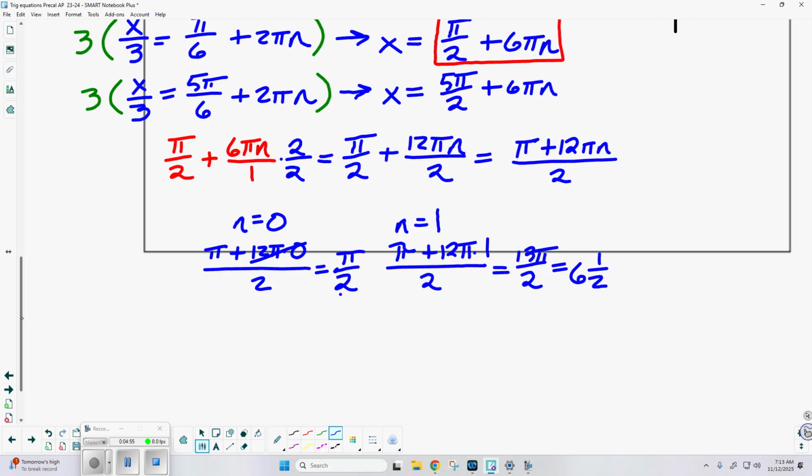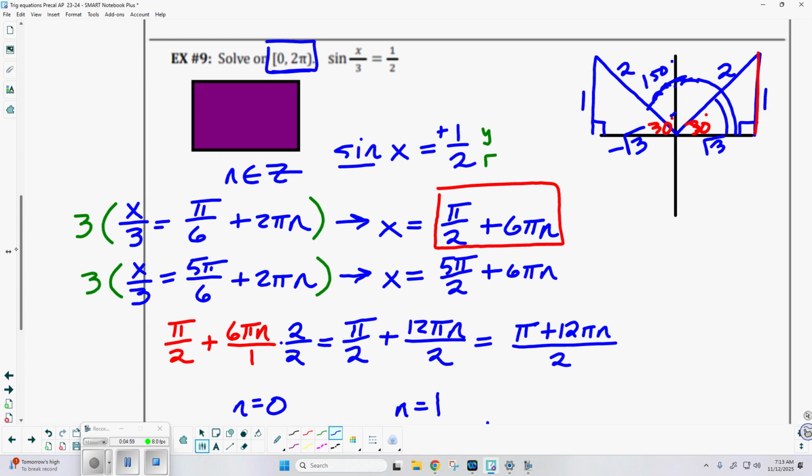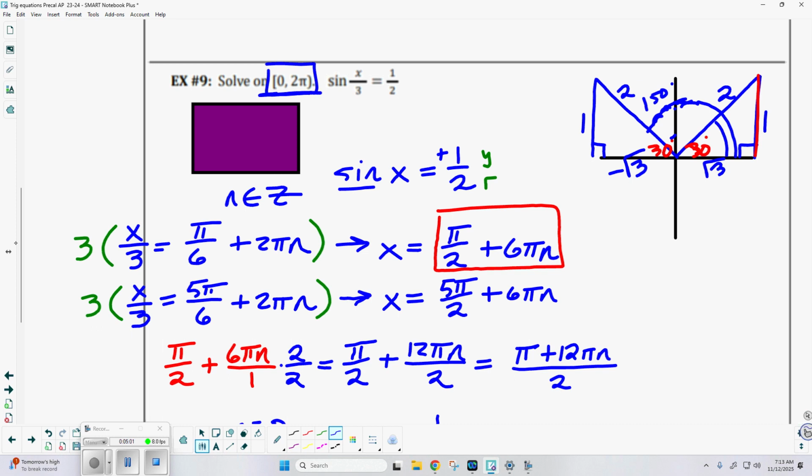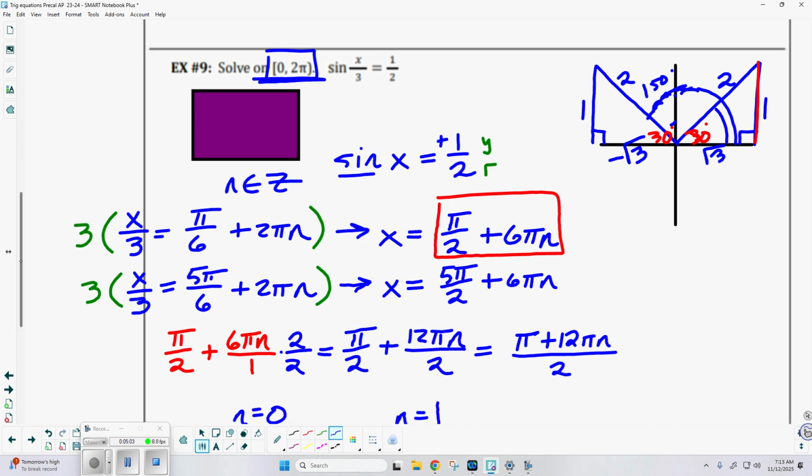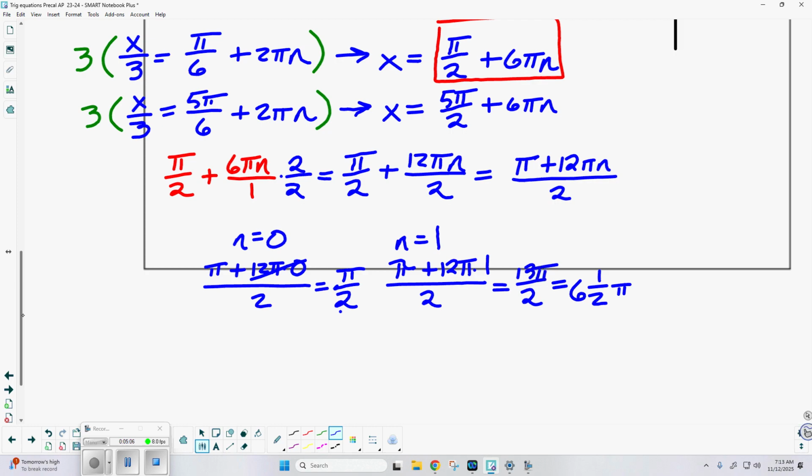So this is equivalent to 6 1/2 pi. Remember what I said a moment ago, you're going to continue to find answers until you start to find those outside the interval. 6 1/2 pi, while it still is a solution, is well outside that interval. So the only solution I'm getting out of the first one is pi over 2.